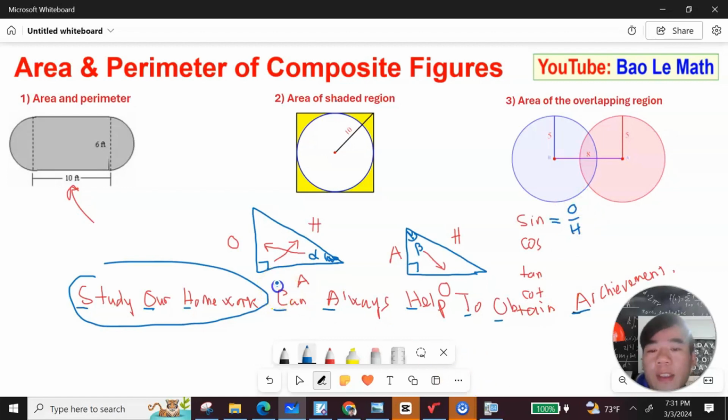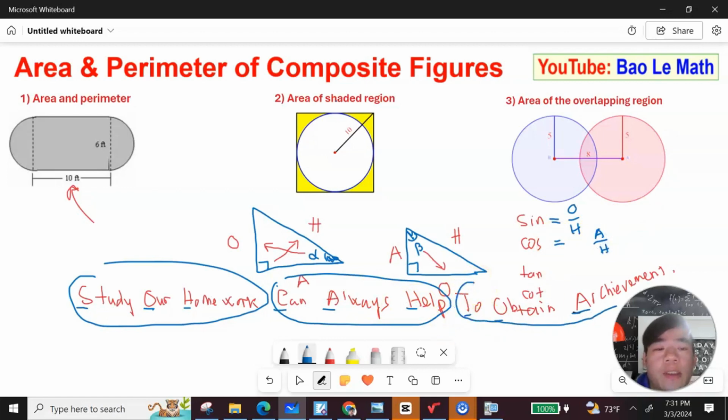Next, the next three: cosine equals adjacent over hypotenuse. And the last three: tangent equals opposite over adjacent.